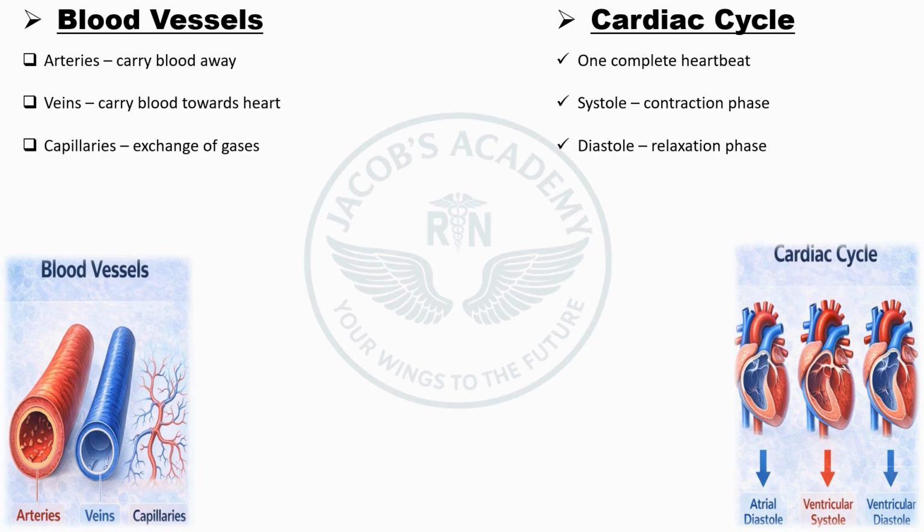And this continuous sequence of contraction and relaxation ensures effective circulation of blood throughout the body. So the blood vessels and the cardiac cycle together play a vital role in maintaining normal blood circulation. Here you can see the three types of blood vessels and also the cardiac cycle image for your reference.